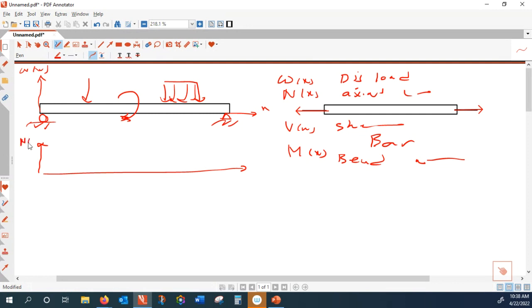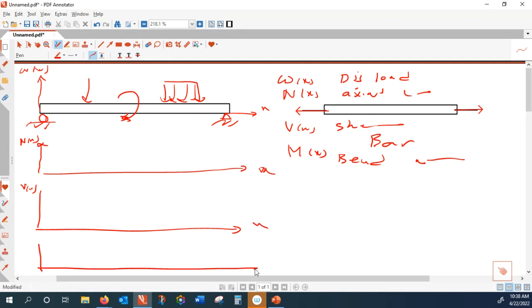This is N(x) versus x. The next one is V(x) versus x. And the last one is M(x) versus x. So why do we want to stack all these underneath? There is a good reason. Because there are some golden rules which are applicable to this problem.